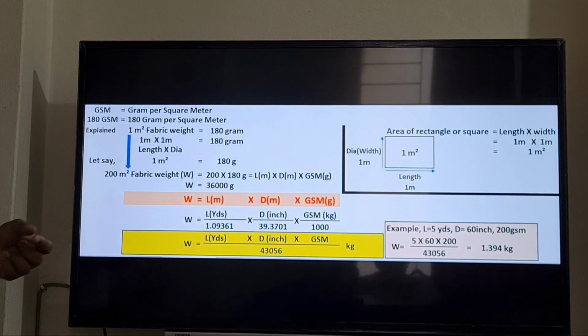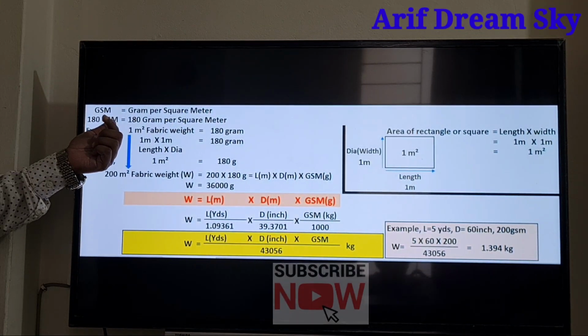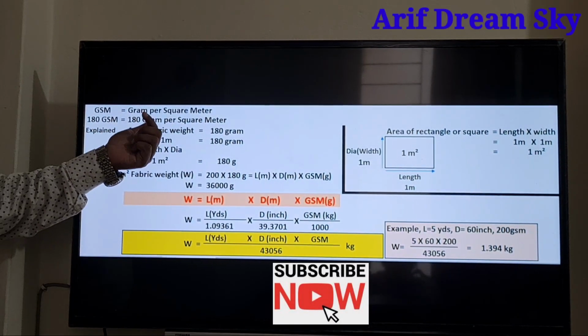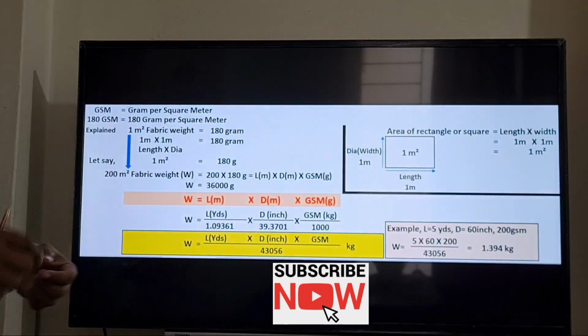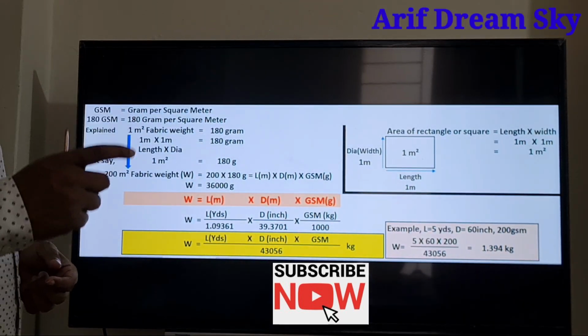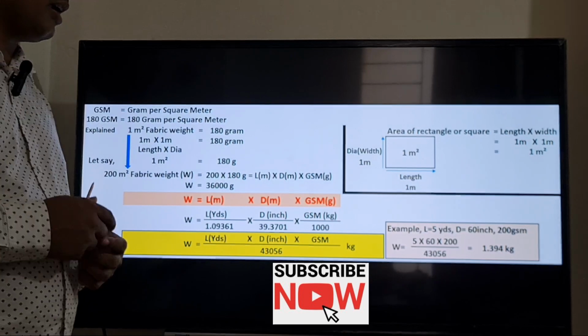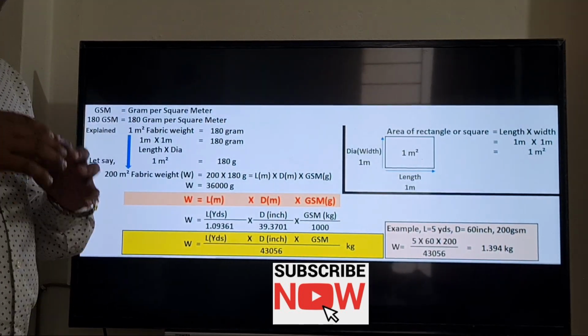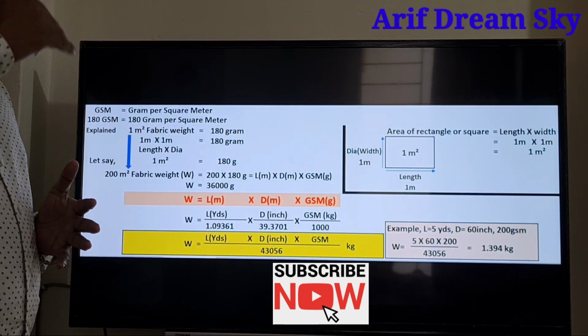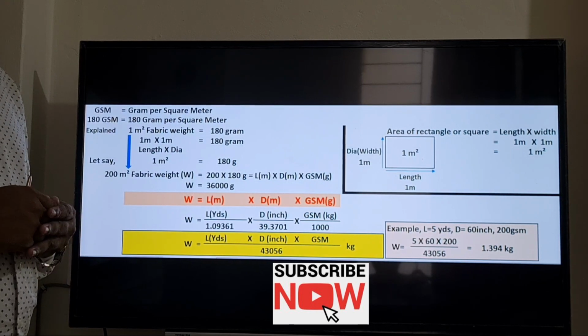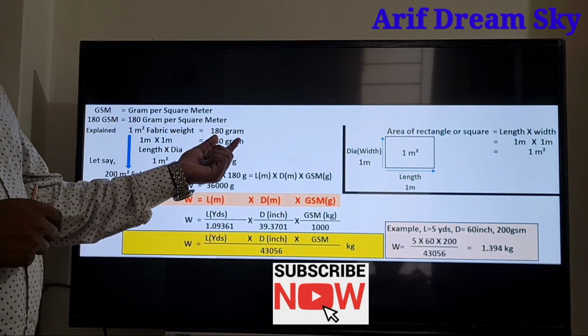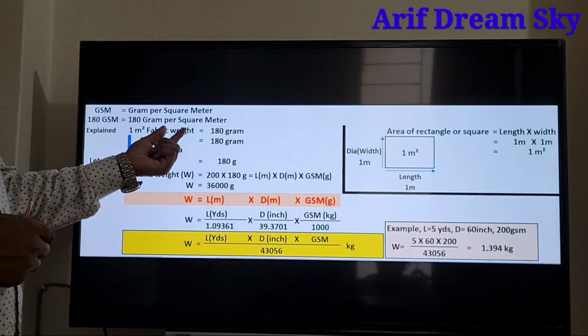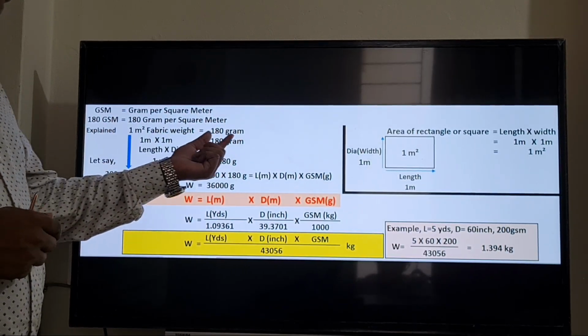If we say there is 180 GSM, that means 180 gram per square meter. So if a fabric has 180 GSM, we understand that in that fabric 1 meter square of fabric weighs 180 gram.